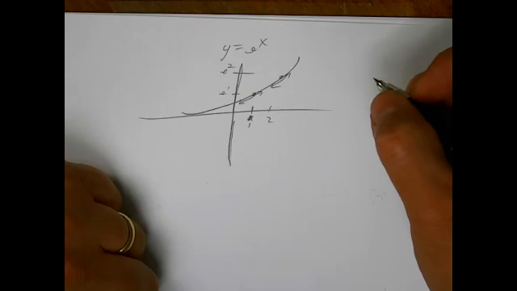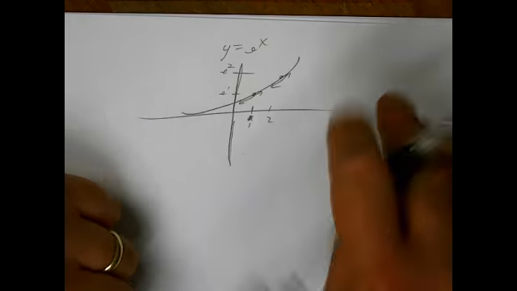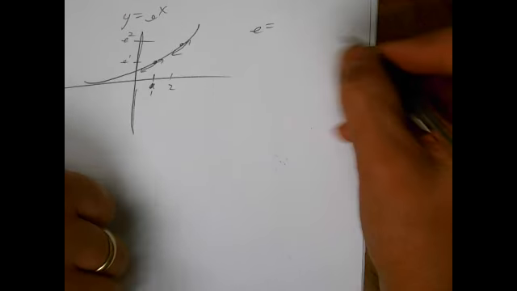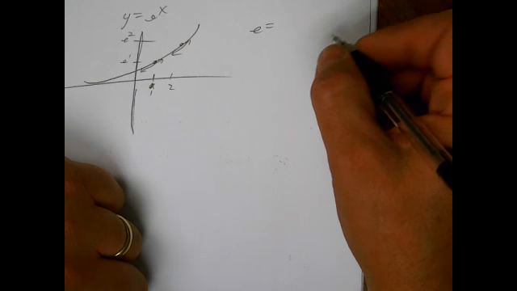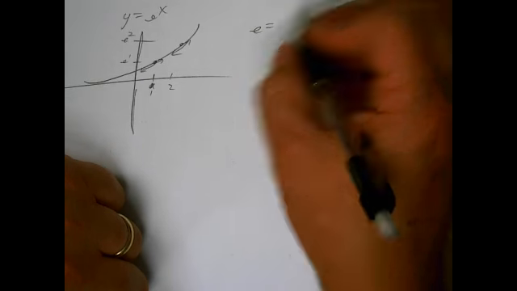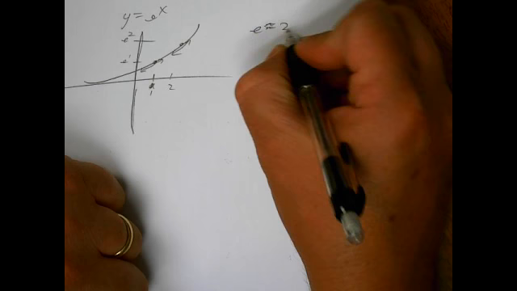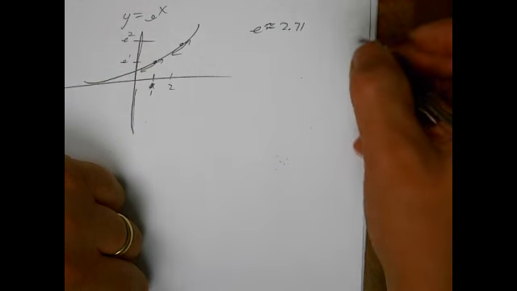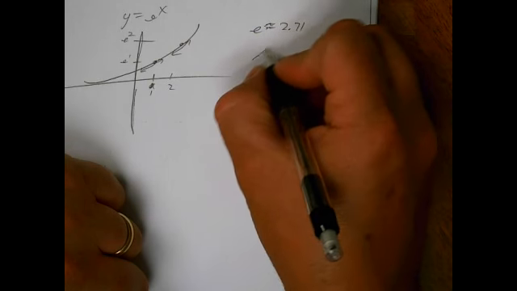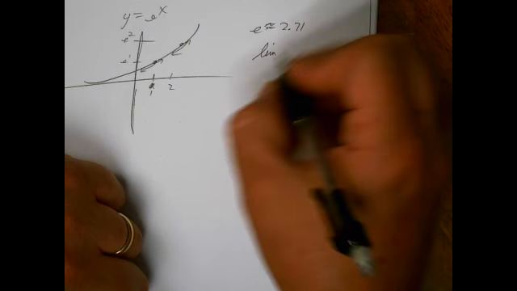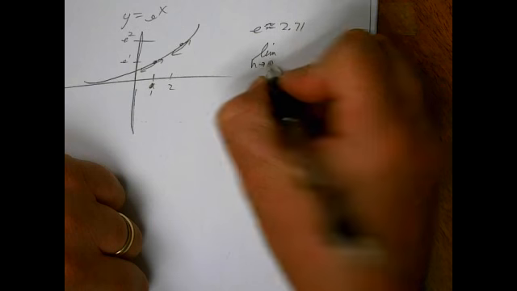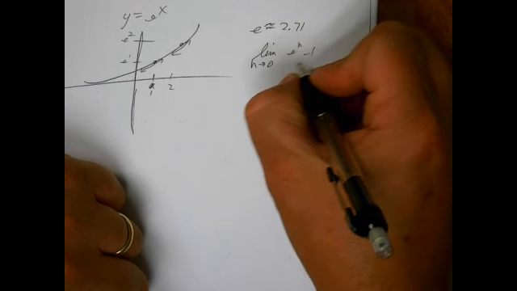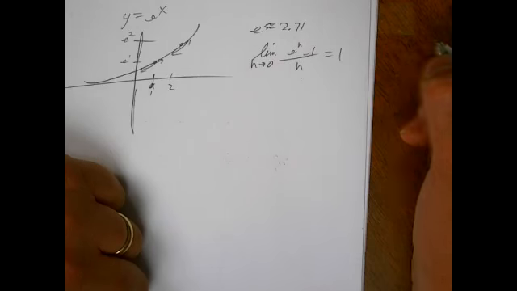So to make that happen, the number had to be defined in a particular way. Again, it's approximately 2.71828, et cetera. But the number e is the number such that if you take the limit, as h approaches 0, of e to the h minus 1 over h, you get 1.